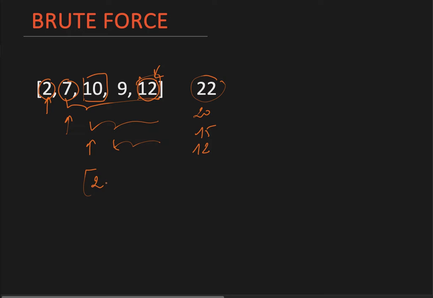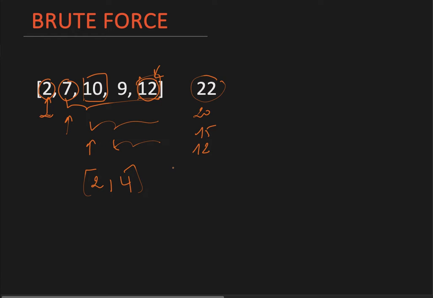So 2 and 4. That's great. And actually we can do it the other way around. That means instead of checking the end subarray, we could check the beginning subarray at the left, and we will have the same outcome.